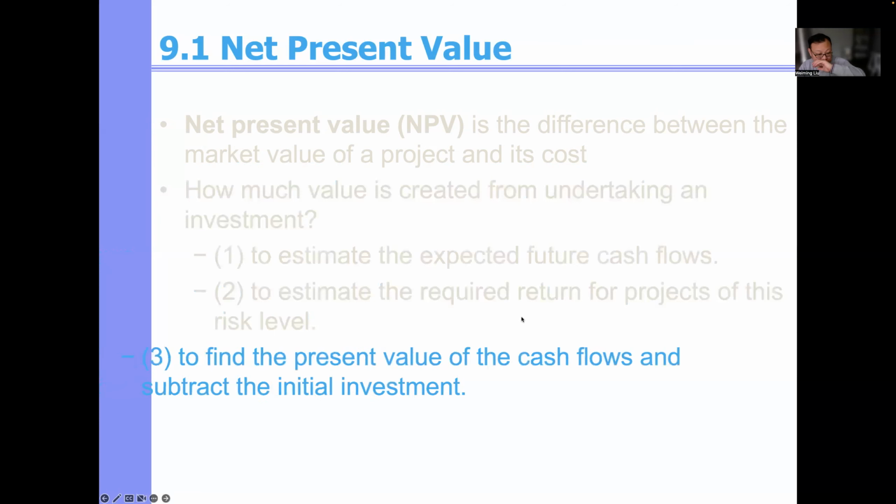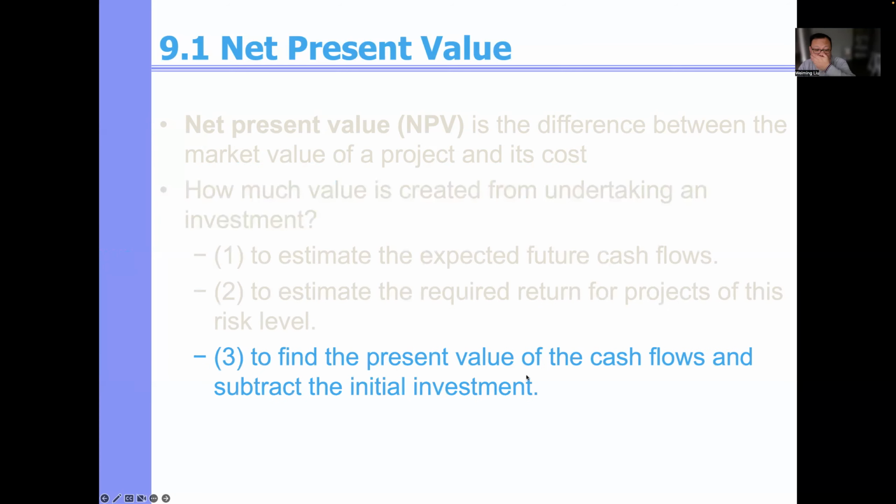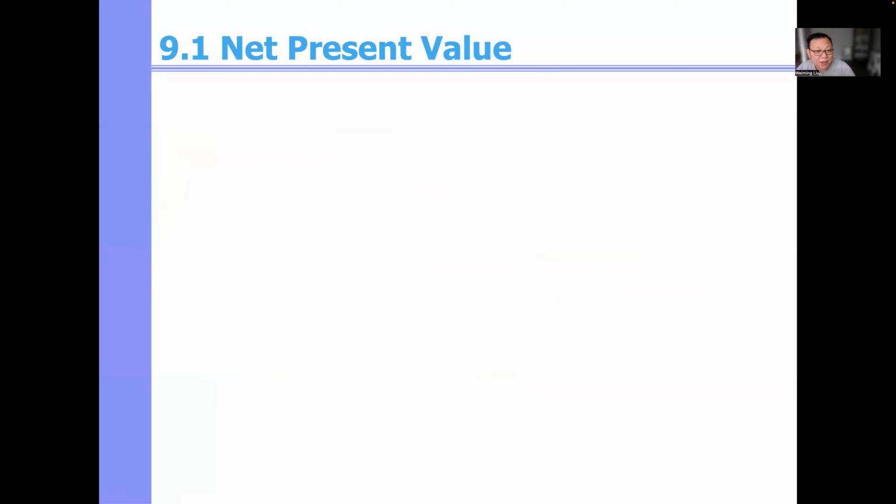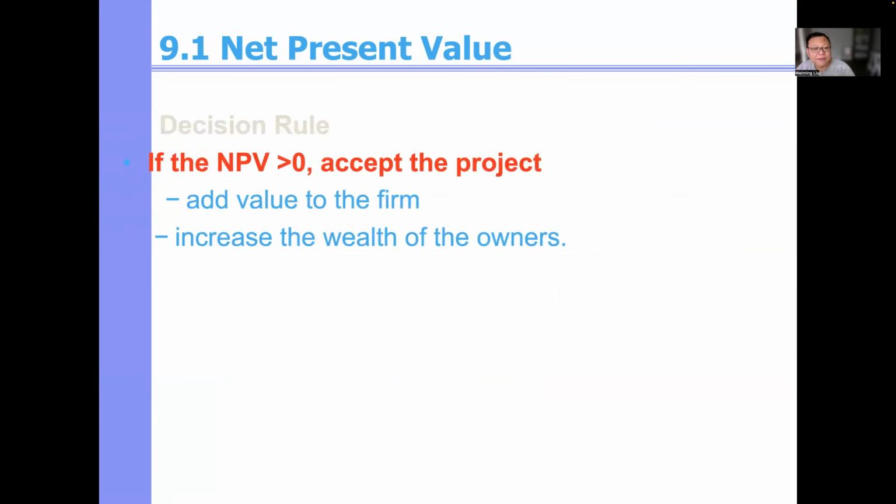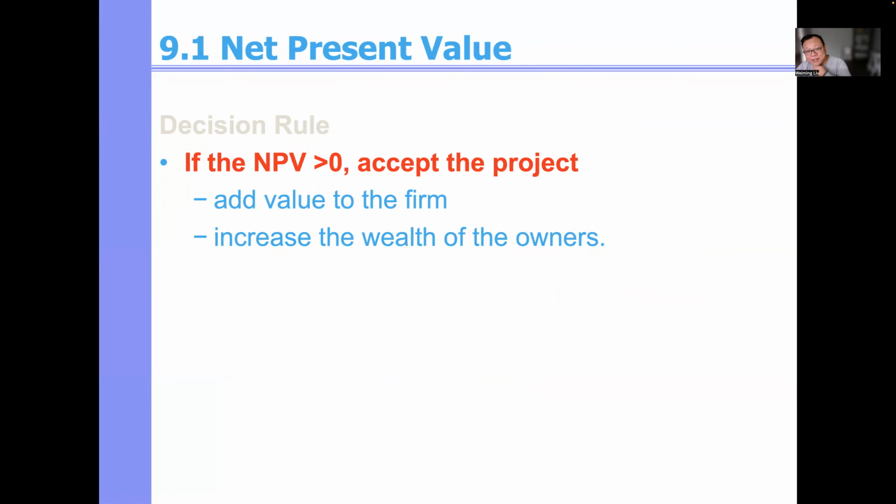The third one is to find the present value of the cash flows and subtract the initial investment. So in this case, the decision rule would be: if the net present value is positive, if the market value minus your initial investment is positive, of course the value increased. So you want to accept the project.